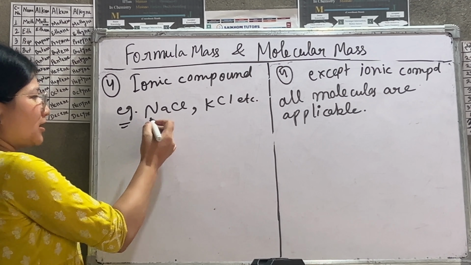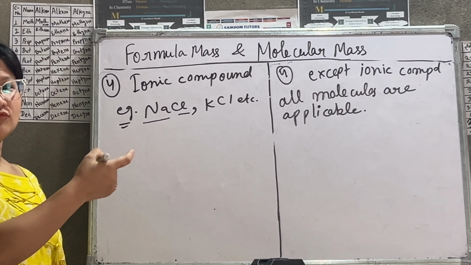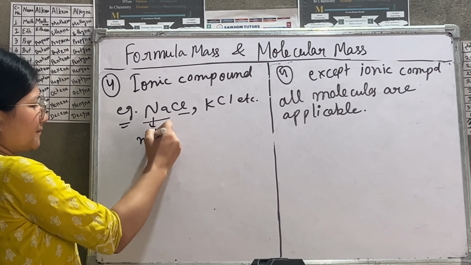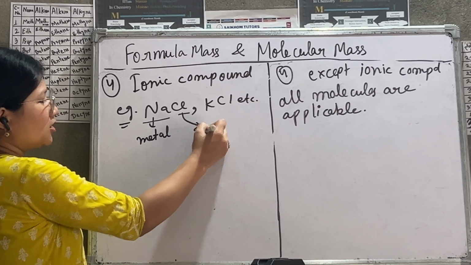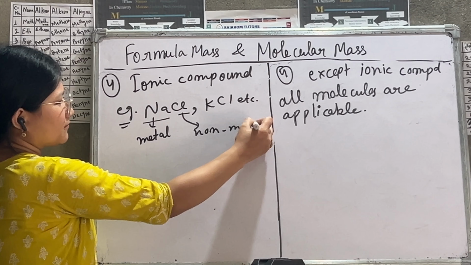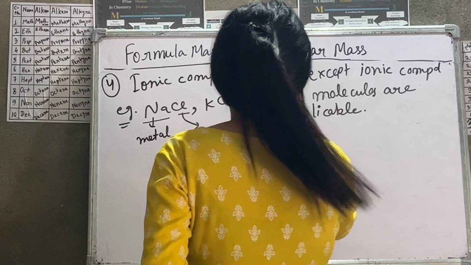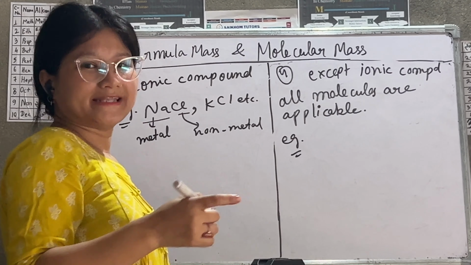In an ionic compound, the compound is formed between a metal and a non-metal. Here, sodium is the metal and chlorine is the non-metal. But in a covalent compound, the compound is formed between non-metals.